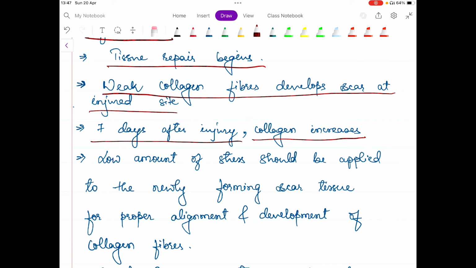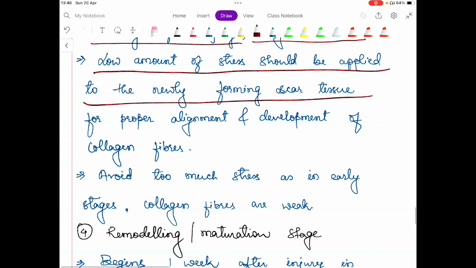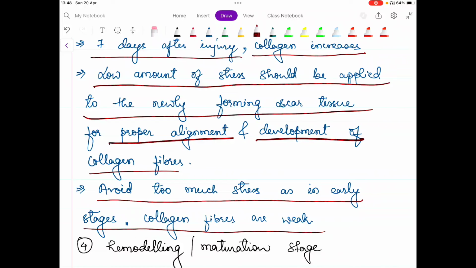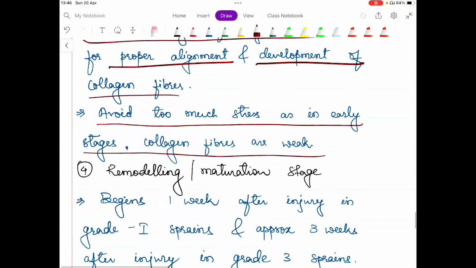In this stage only a low amount of stress should be applied to the newly forming scar tissue for proper alignment and development of collagen fibers. Avoid too much stress, as in early stages collagen fibers are weak.